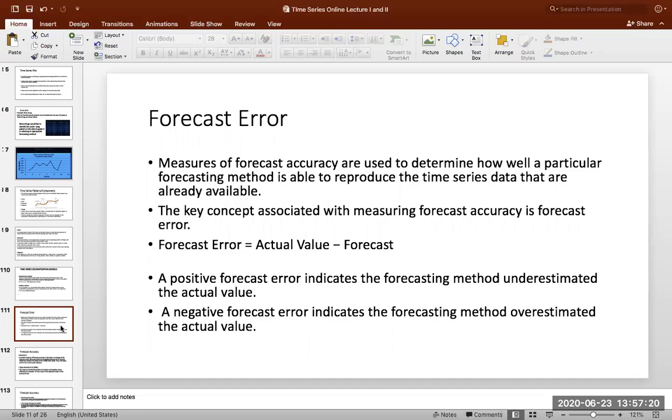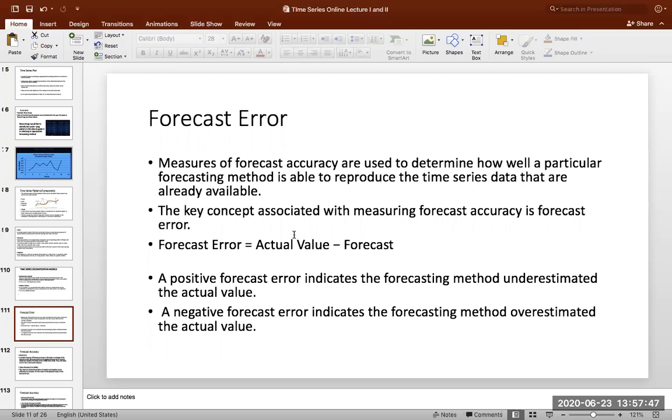But the actual value when we go to 2020, it wasn't 9.6, it was, let's say, 10.0. So the forecast error is the actual value, 10.0, minus the 9.6. That will give you the error that you are looking for. And if you get a wider error, it means your forecast was poor. And if you get a lower error, it means your forecast was good.